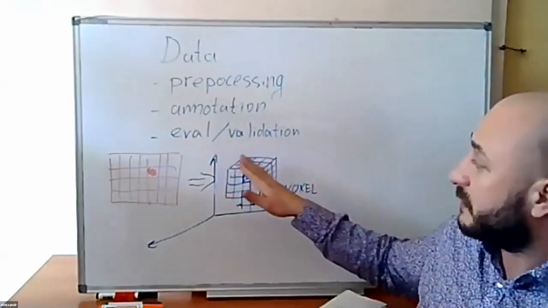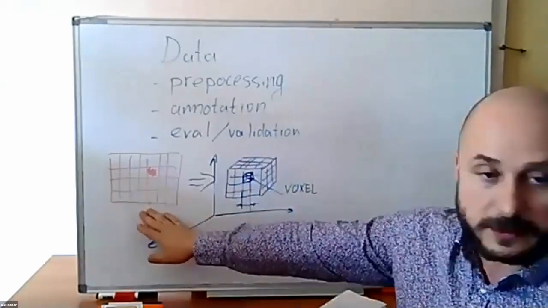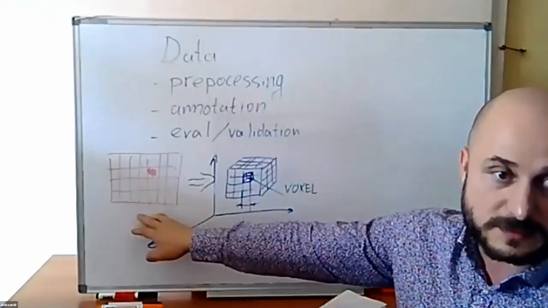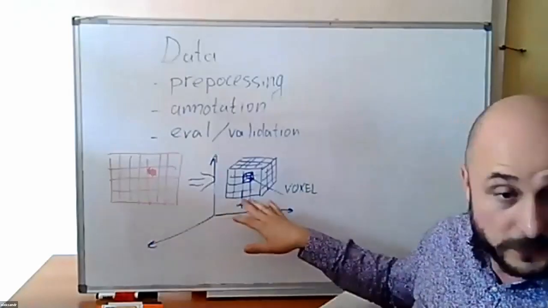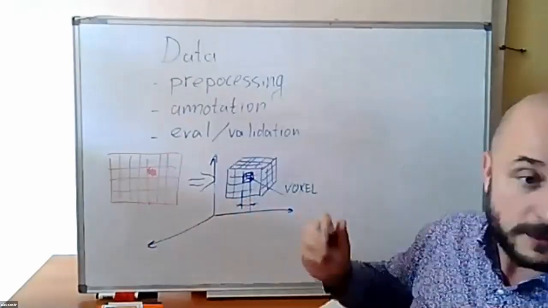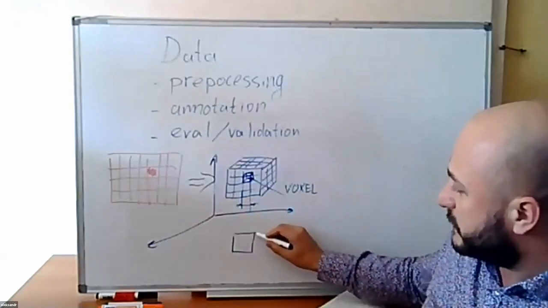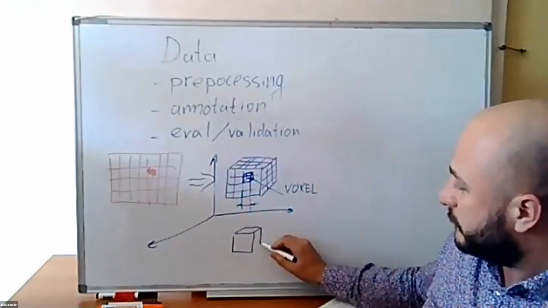So that we can reuse the whole set of convolutional neural networks from two-dimensional space in three-dimensional space. Of course, our convolution becomes 3D based.